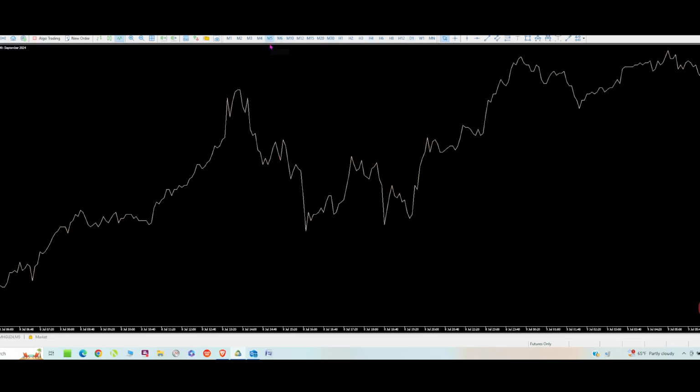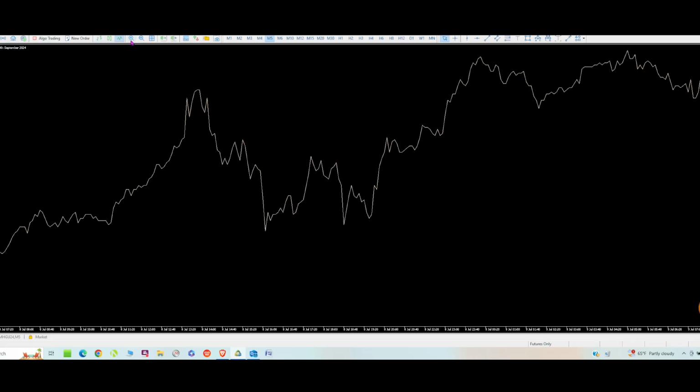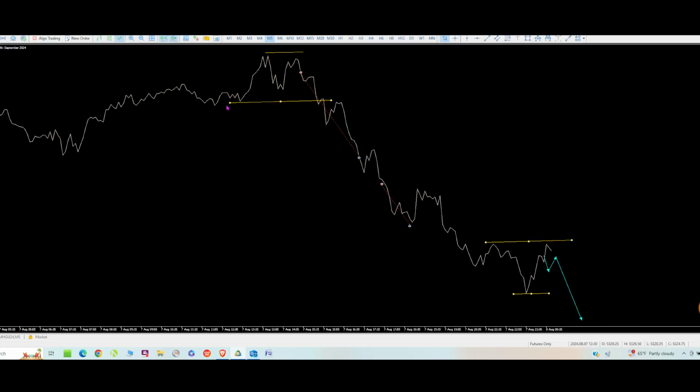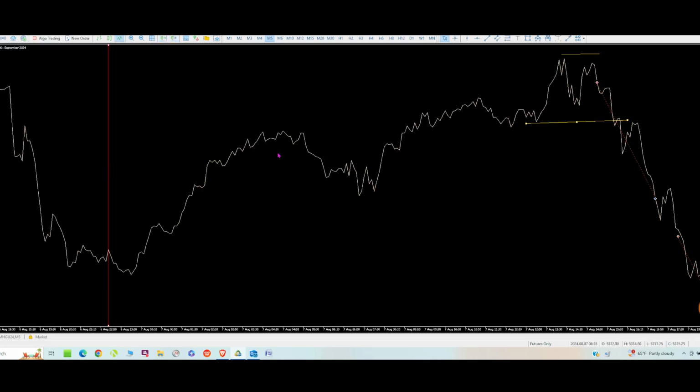So when you get back to the 5-minute, all of this price action up, I could have just ignored. Say, you know what, this market is down. I'm going to wait for this thing to give me a short signal. And that short signal would have happened right here. You would not have traded any of this going up, and you would have just waited for the 4-hour trend to continue.